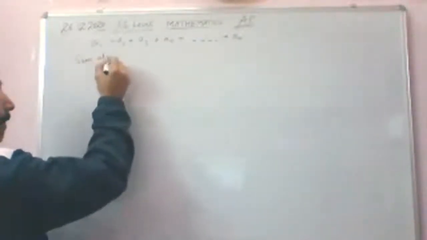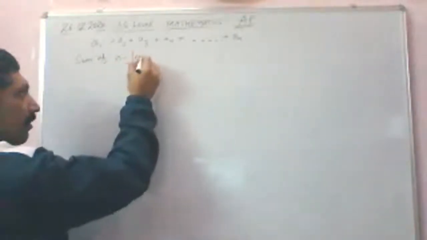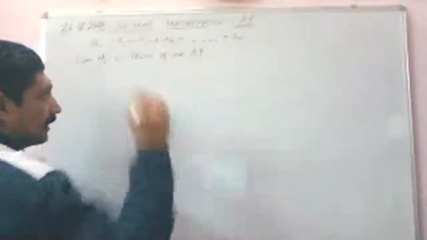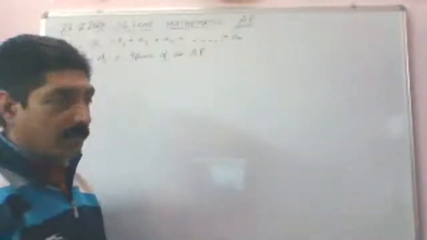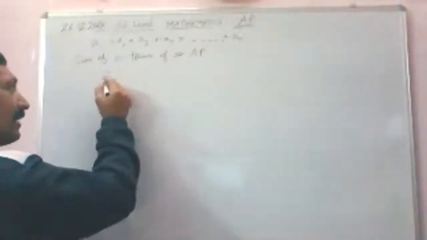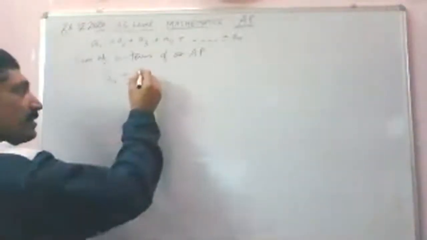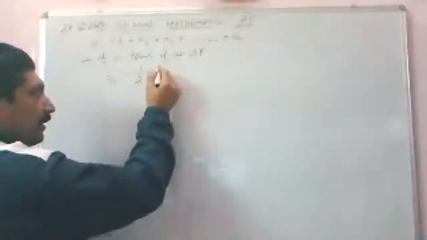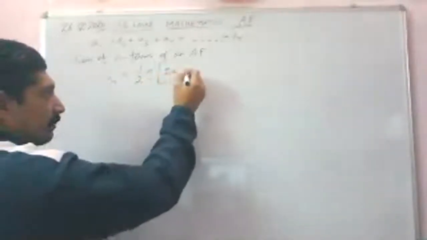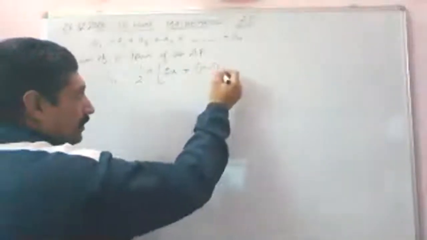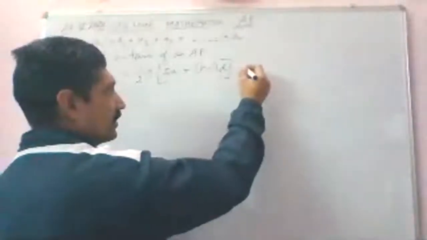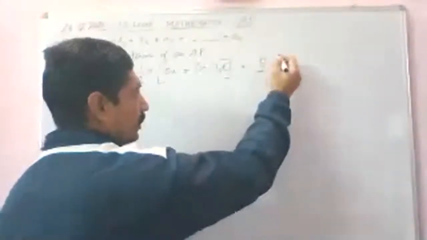Sum of n terms of an AP, right? So here we have the formula Sn is equal to 1 by 2, n, twice of a plus n minus 1 into d, right? And this can also be written as n by 2 into a plus l.